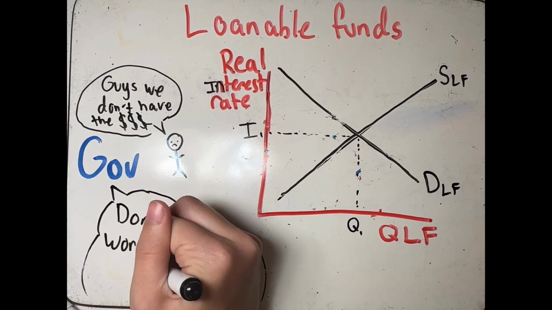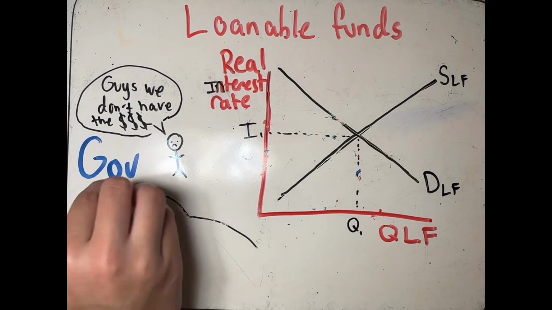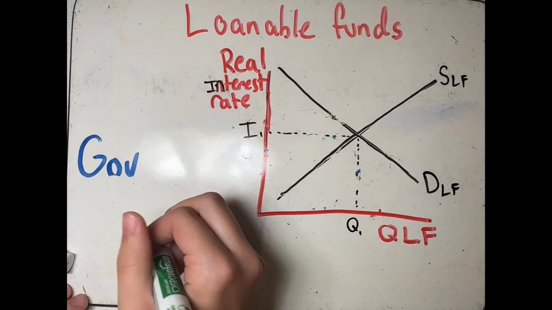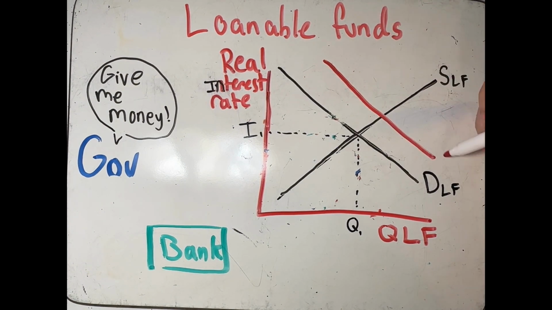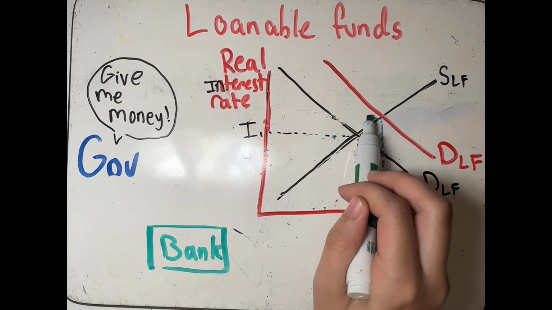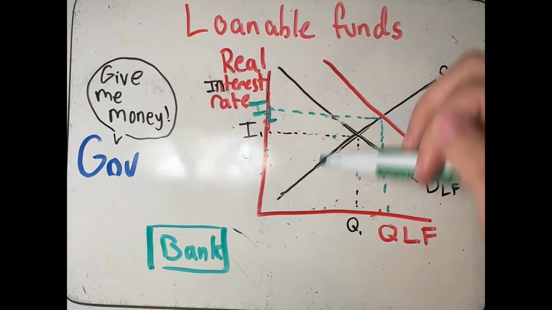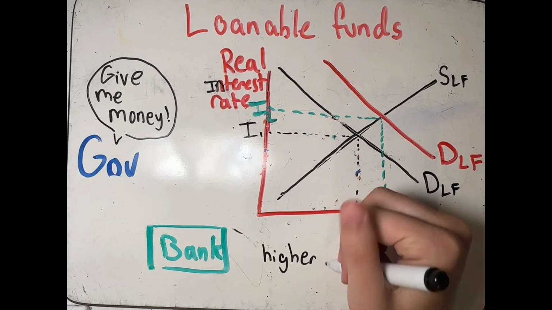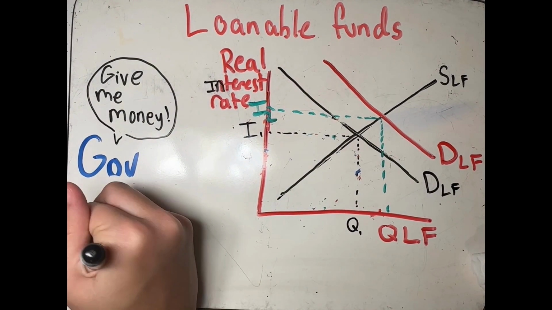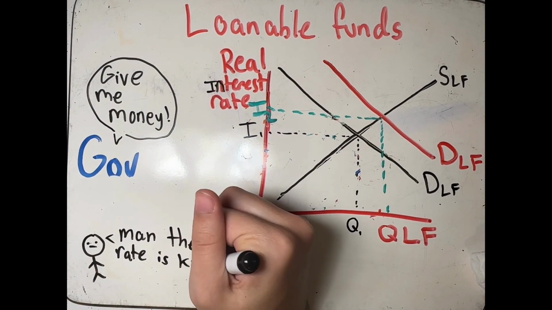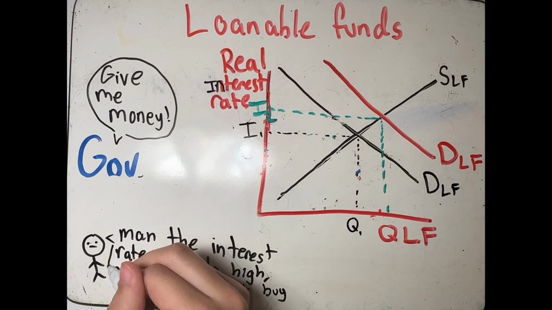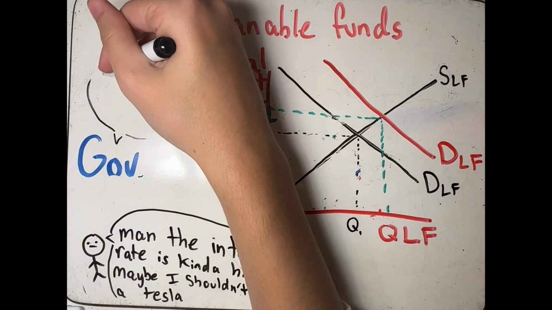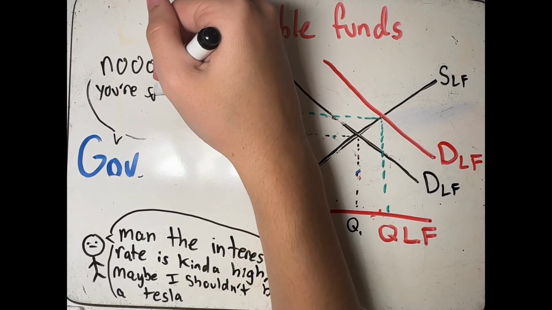To fund this deficit, because remember the government can't just spend money it doesn't have, the government must borrow large sums of money, which translates to an increase in the demand for loanable funds on our graph. As you can see, the new equilibrium interest rate is higher. The higher interest rate discourages spending and investing, which counteracts the intent of expansionary fiscal policy. And that's why crowding out is seen as a bad thing.